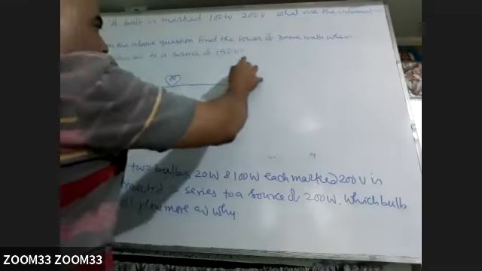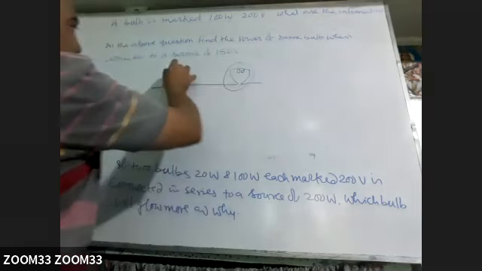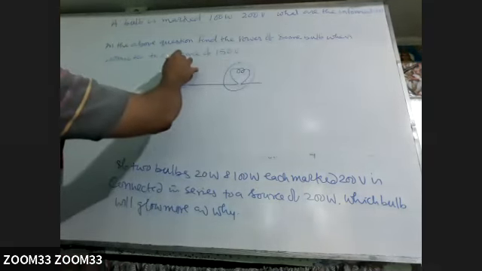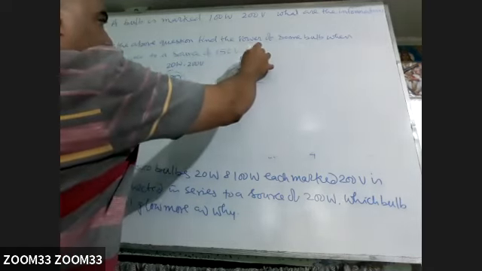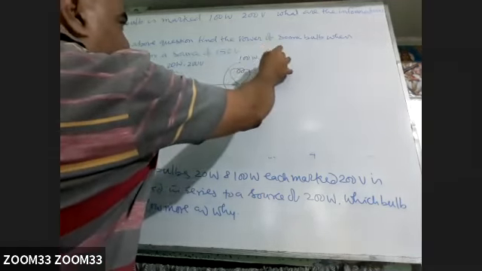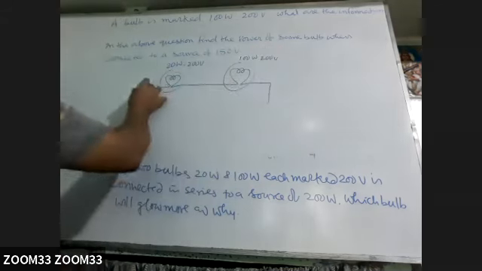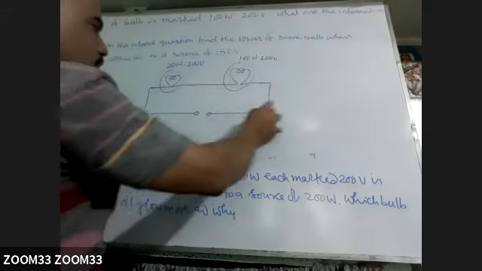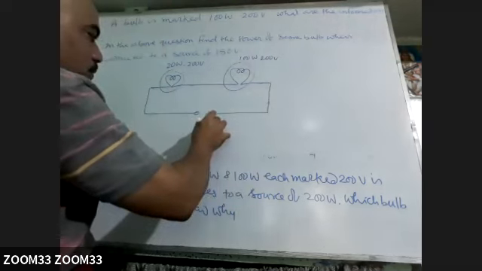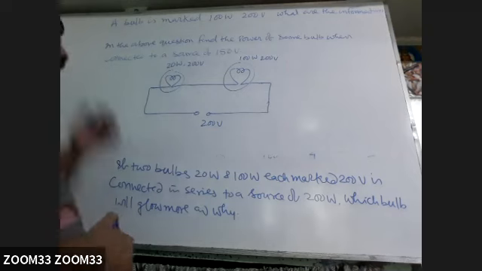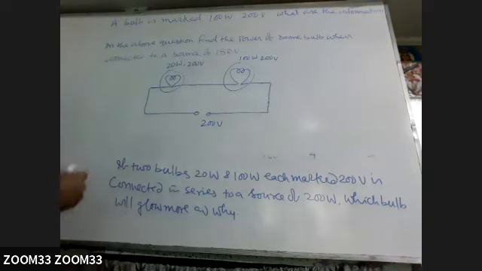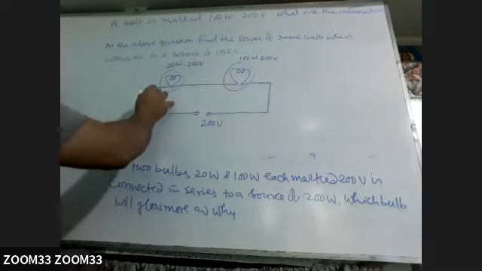A 20 watt, 200 volt bulb and a 100 watt, 200 volt bulb are connected in series to a source of 200 volt.